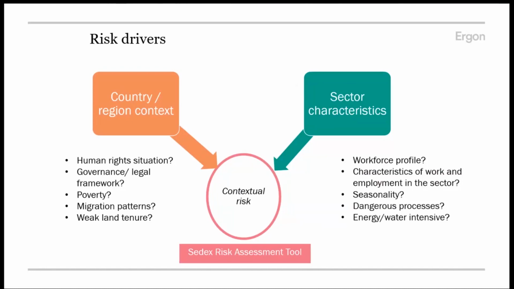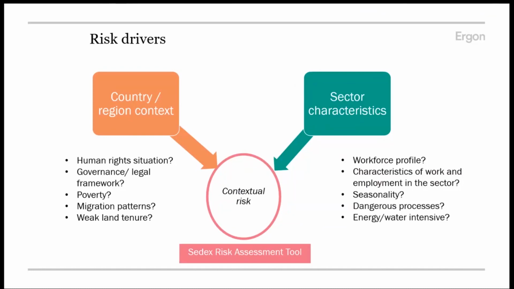So what are the risk issues shared by all suppliers in that particular country, and what are the sectoral risks? If you combine these two, you get a contextual risk idea for the sorts of issues that might be affecting that supplier. So these are not specific factors for your particular supplier, they are more general factors.